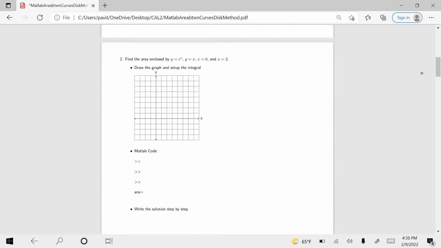Next, problem 2 is similar to your problem 3. You have two functions, two constants. You're going to plot that on the graph here and find the region, which part you're going to find the area of. Then you will have two integrations.